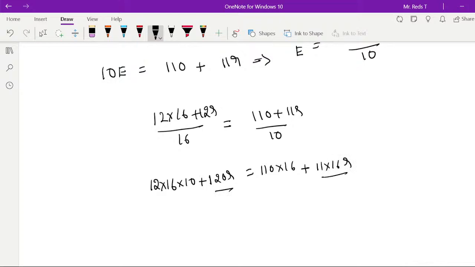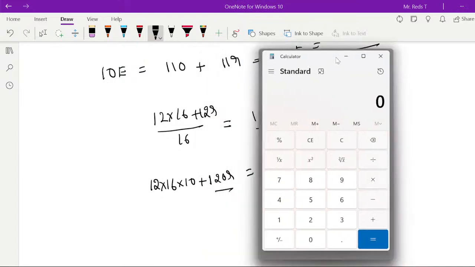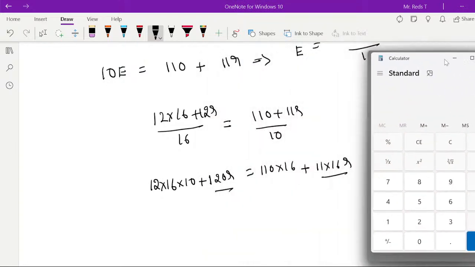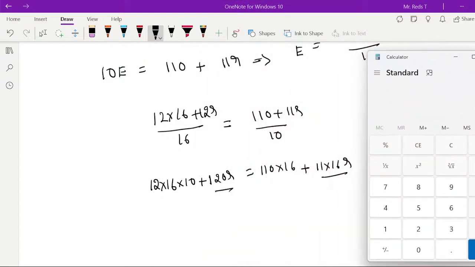The R terms, if you bring aside, what is 11 into 16? What is 12 into 10? 120 into 16 is 1920.